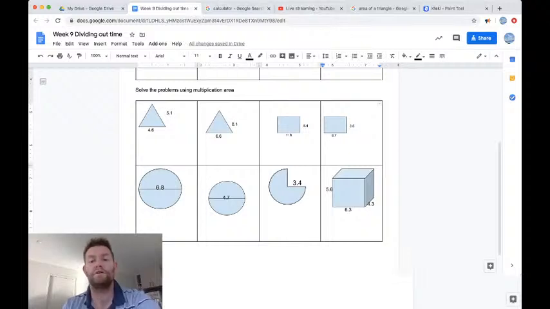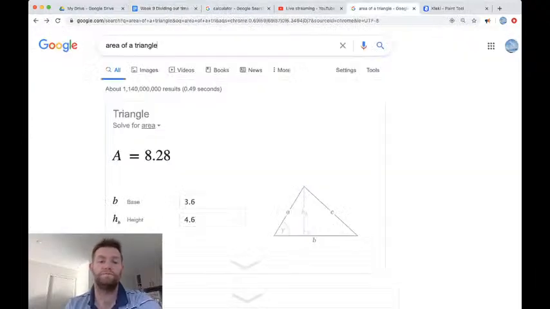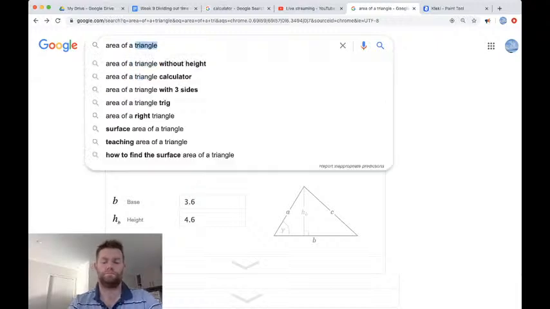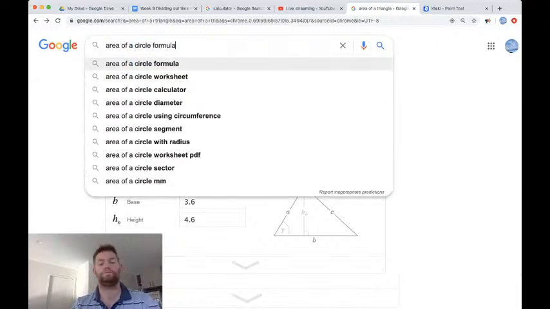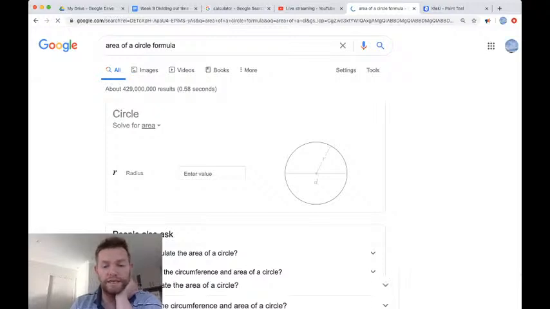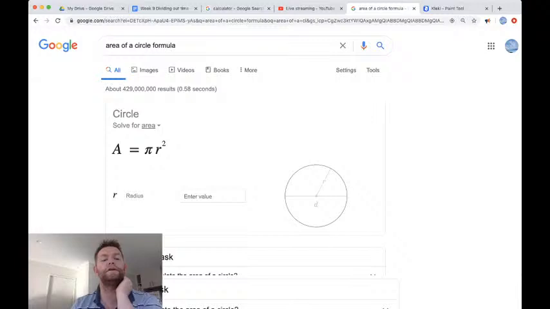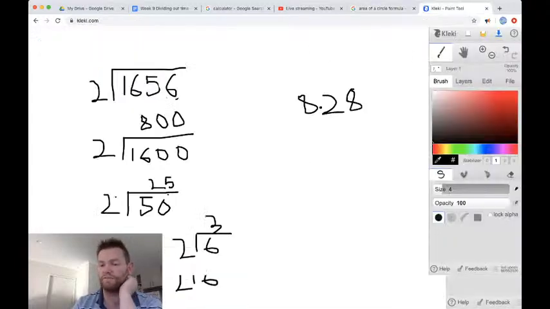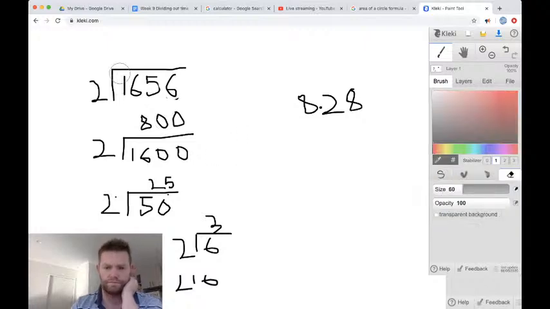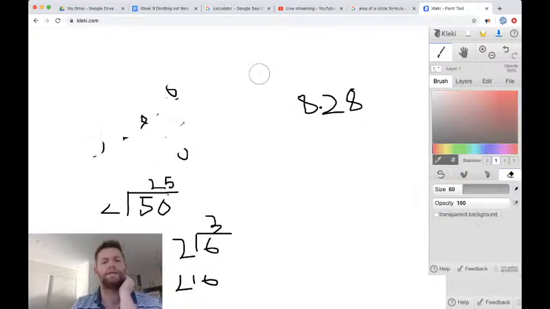So now we're going to look up area of a circle. Area equals pi times radius squared. So we're going to delete everything off. I like this one, much nicer, it runs much smoother.